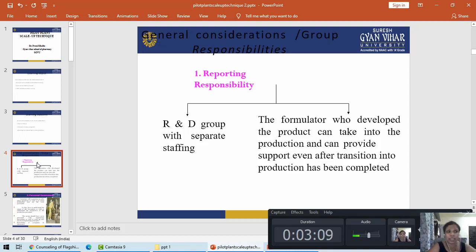We have discussed that if we want to transfer any formula, first we have to make the formula in the R&D scale, then from the R&D scale we have to transfer it for large scale manufacturing. For example, if we are preparing a formula for a tablet, in the R&D scale we only make the formula for 100 or maximum 1000 tablets, because it is the R&D scale, right?